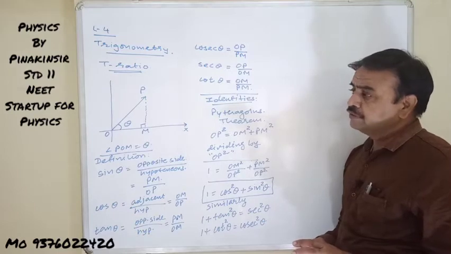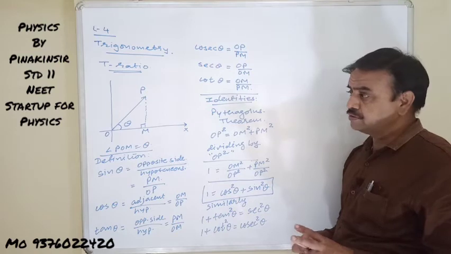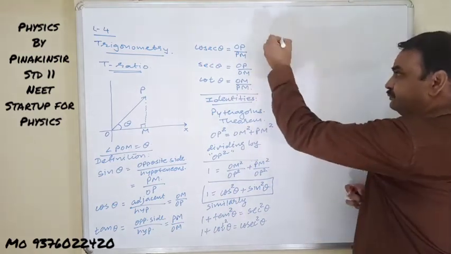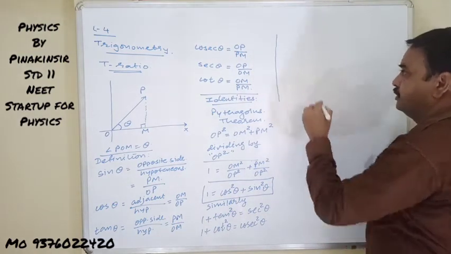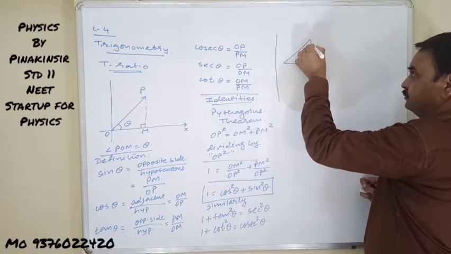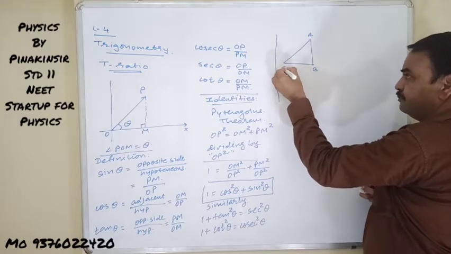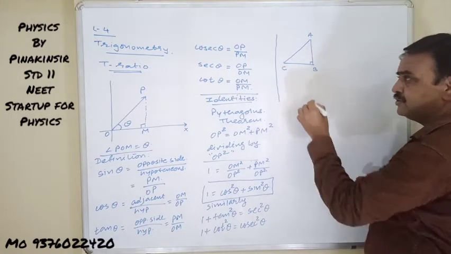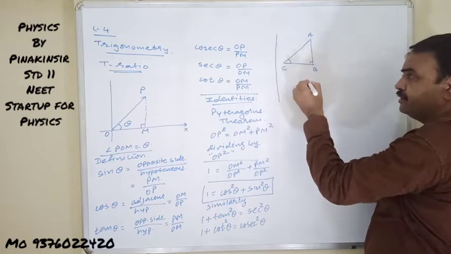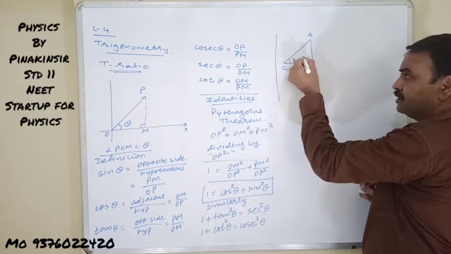Okay, there are some fixed values for particular angles. For example, suppose we are having a triangle ABC, right angle triangle ABC, and if we are having this particular angle, that is ACB, say it is 30.